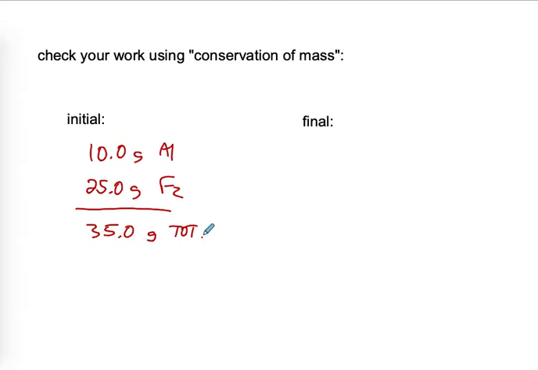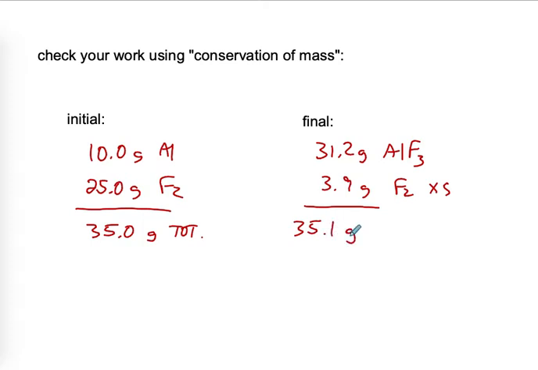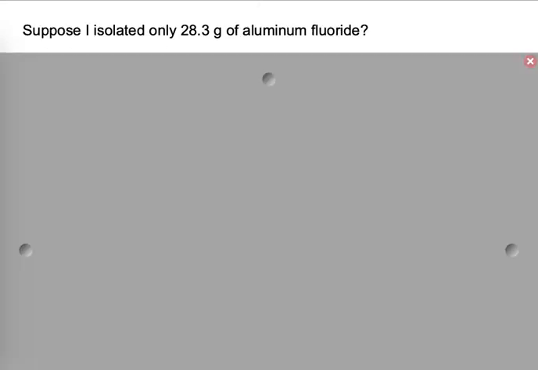I ended up with 31.2 grams of aluminum fluoride plus 3.9 grams of fluorine in excess, which gives me 35.1 grams total, which within rounding is correct.